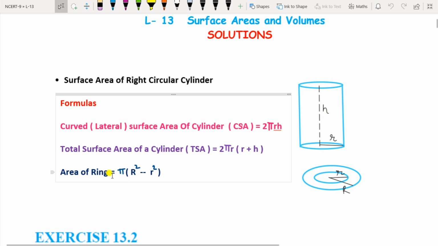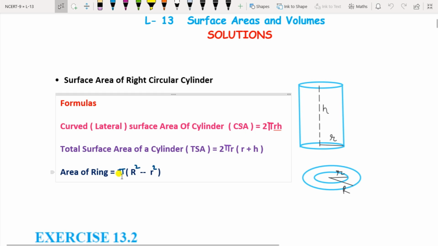And the area of the ring. If it is made up of any metal which has some thickness, this is the inner radius and this is the outer radius. If you want to find the area of the metal or the wood, it is the area of the ring, only this much part.